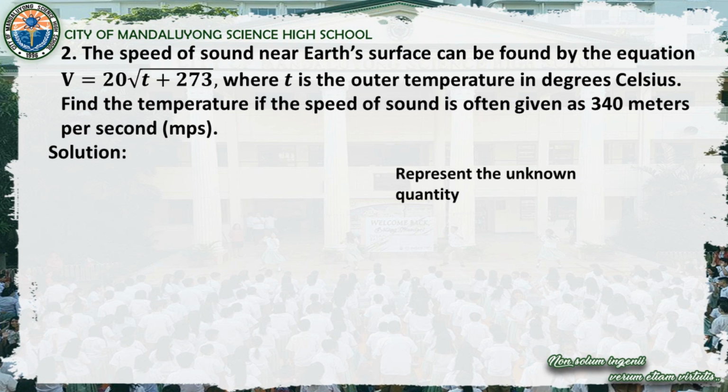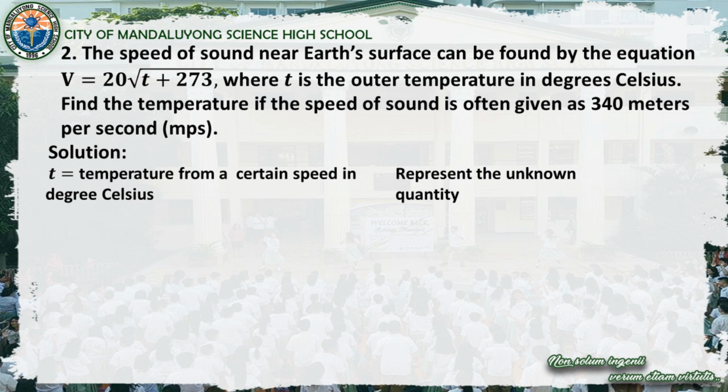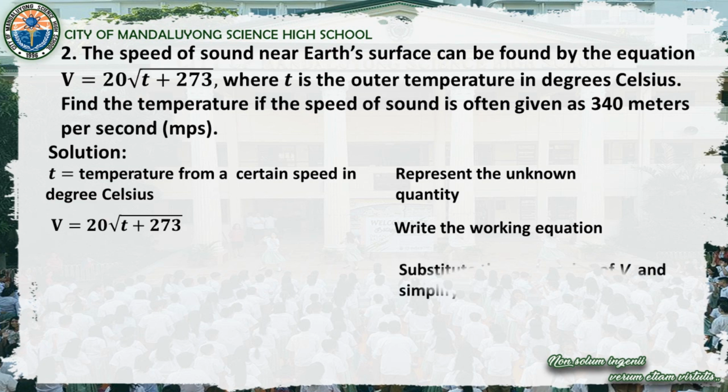Represent the unknown quantity. So let T be the temperature from a certain speed in degrees Celsius. Write the working equation. Our working equation is the one given in the problem, and that is V is equal to 20 times the square root of T plus 273. Next, substitute the given value of V and simplify.